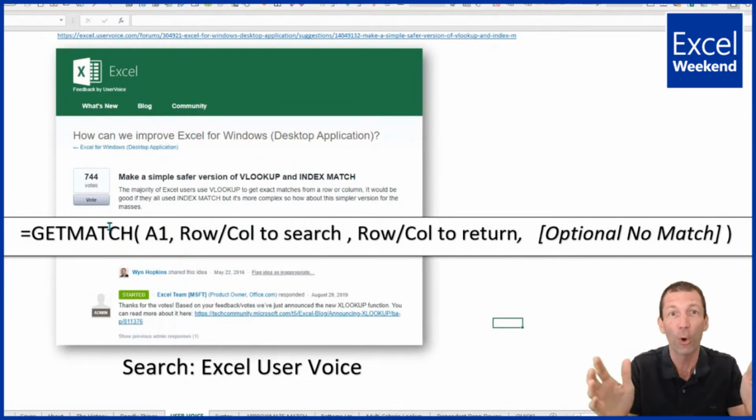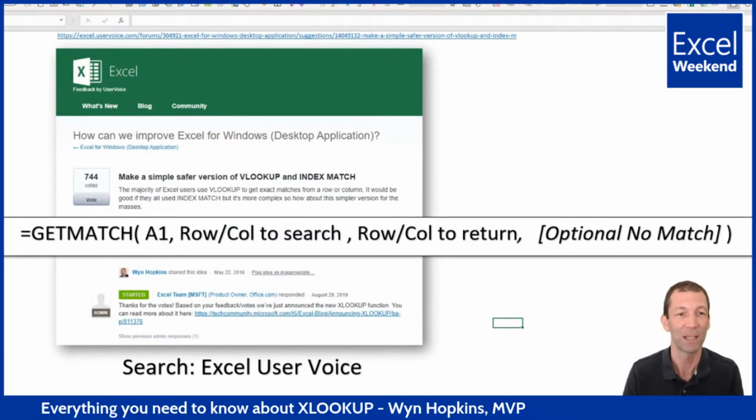And four years later, we've actually got XLOOKUP, a much better name with much more features. But I'm glad that I had a little piece in seeding this idea. So thank you to everybody who voted for this, because future generations will thank us all for encouraging Microsoft to build this. Awesome work from the Excel team who developed this.